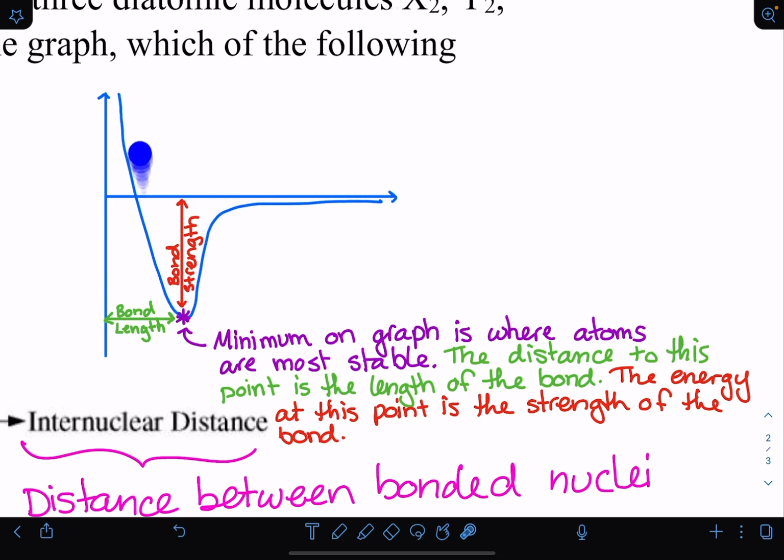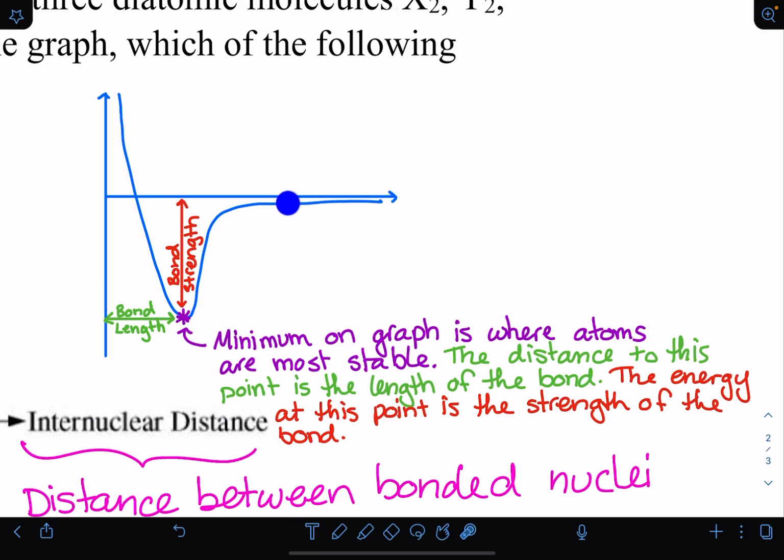Essentially what this graph is showing is if you take two nuclei, and I usually imagine them starting far apart, essentially starting at the right side of the graph is when your nuclei are far apart. When they're too far apart, they don't really feel each other, which is why the graph is close to zero here. There is essentially no interaction between your two nuclei.